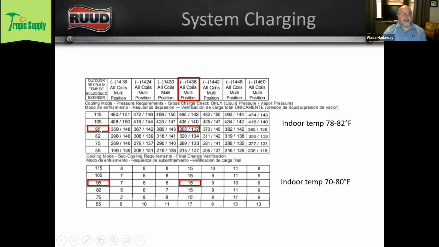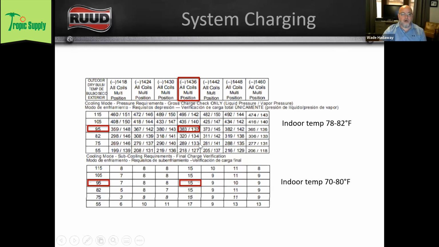It tells you that at 95 degrees, I'm at 380 and 140. I'm probably pretty good. I'm going to leave this system to allow it to cool the space so that I can come back. It really is just sort of a verification that you don't have anything wrong with your expansion valve, your refrigerant tubing, anything like that, right?